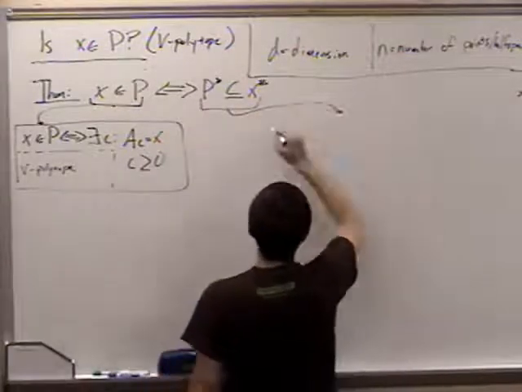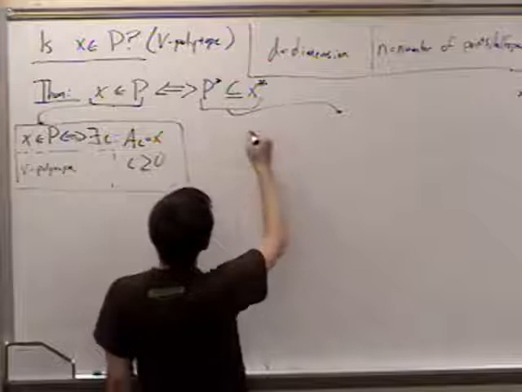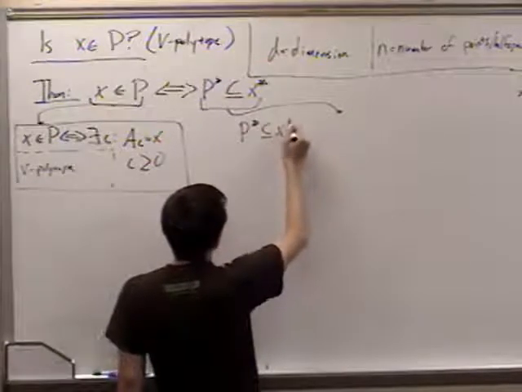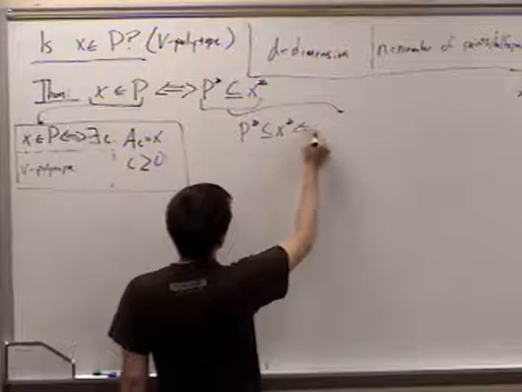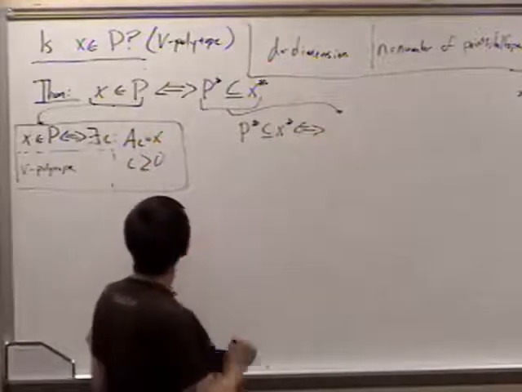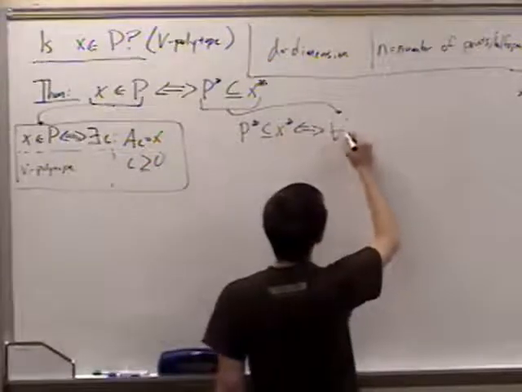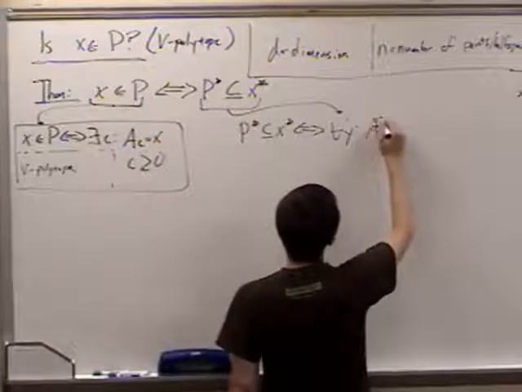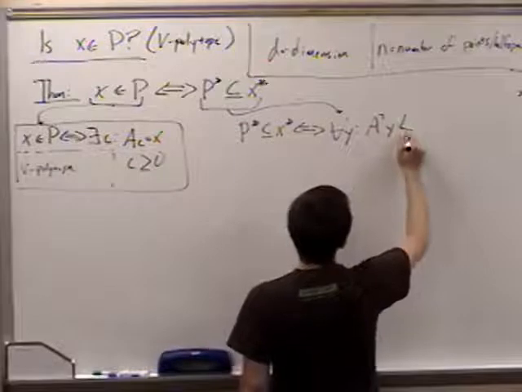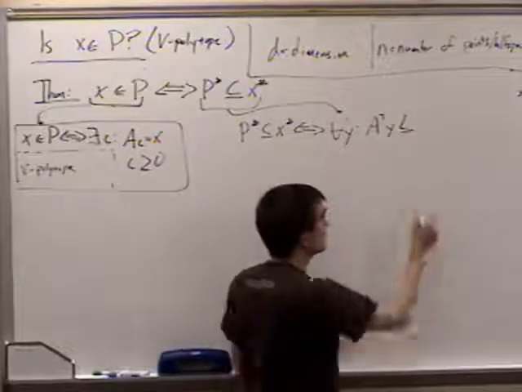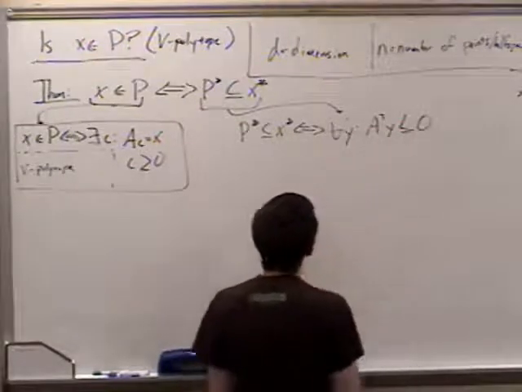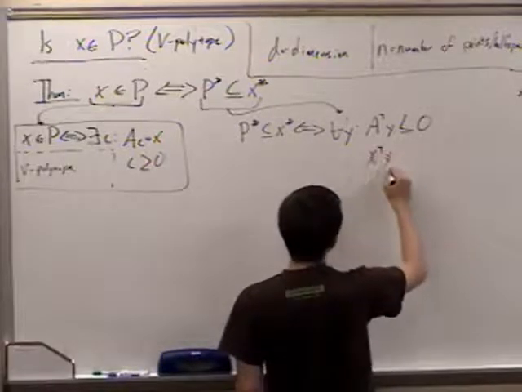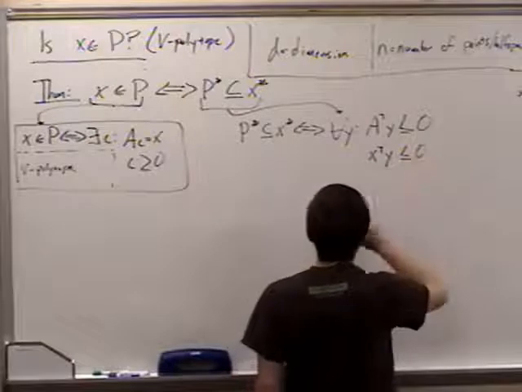Similarly, we have this thing here, right? So what's going on? Well, we're going to say P star is contained in x star if and only if, for all y such that A transpose y is less than or equal to 0, so basically this dual of P, x transpose y is less than or equal to 0.